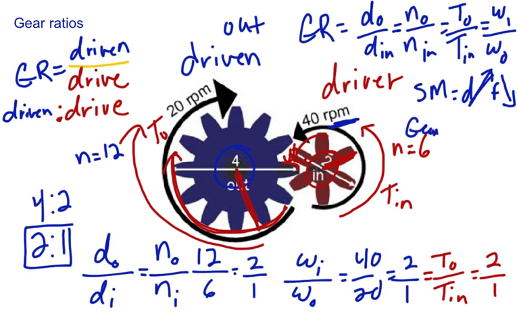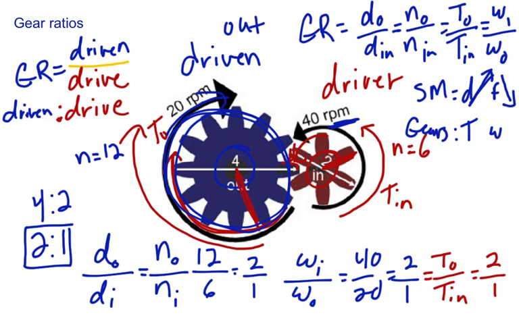Gears are a trade-off between torque and rotational velocity. So if you look down here, the blue gear would have a high amount of torque, but a small rotational velocity. It doesn't go around very fast.